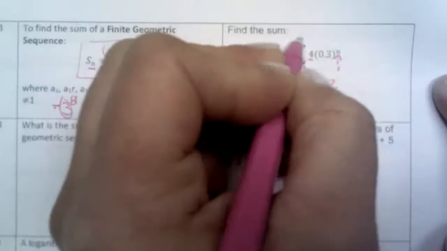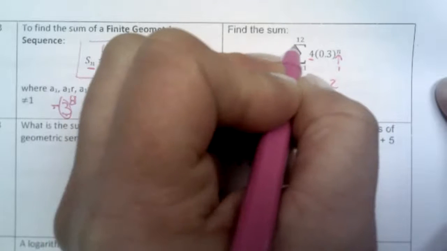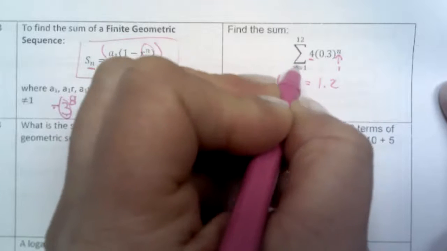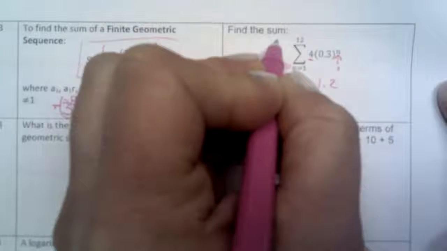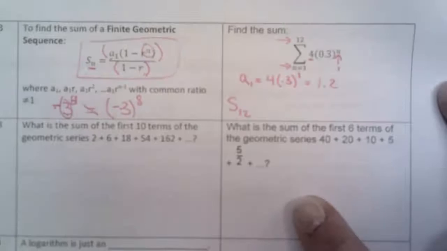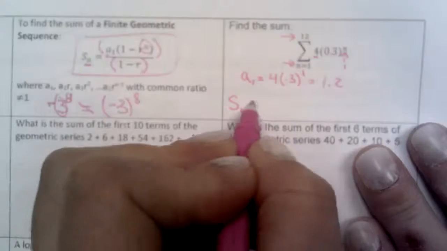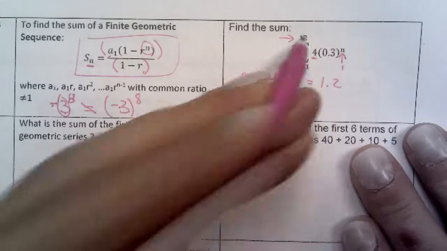So this is called sigma notation here. This is the Greek letter sigma, and you'll see that a lot when you're finding sums. That means this is the term we're starting with, and this is the term we're ending with. So here we're looking for the sum of the first 12 terms, terms 1 through 12.